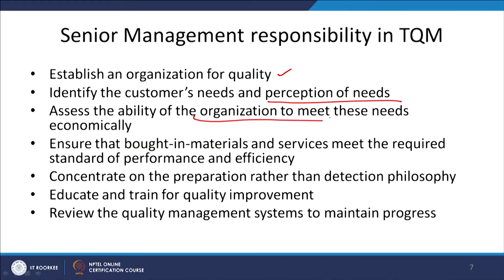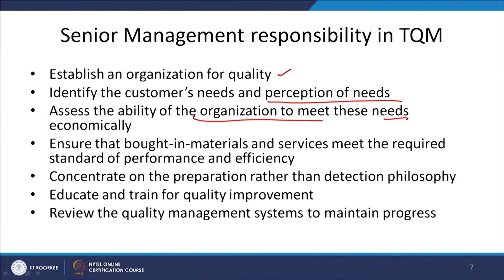Then you also need to assess the ability of the organization to meet these requirements with limited resources. One aspect of TQM which is not much discussed is that you can fulfill the requirements of customers, but how do you fulfill those requirements with available resources, or economically?